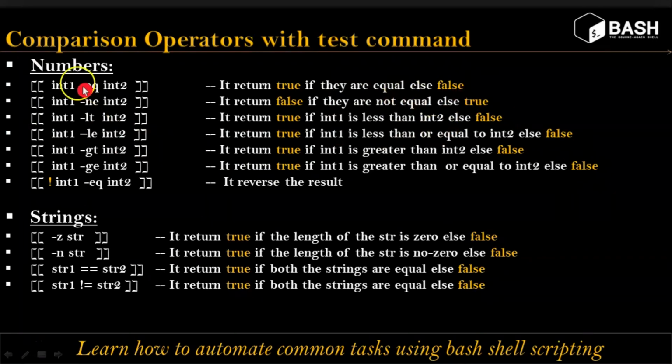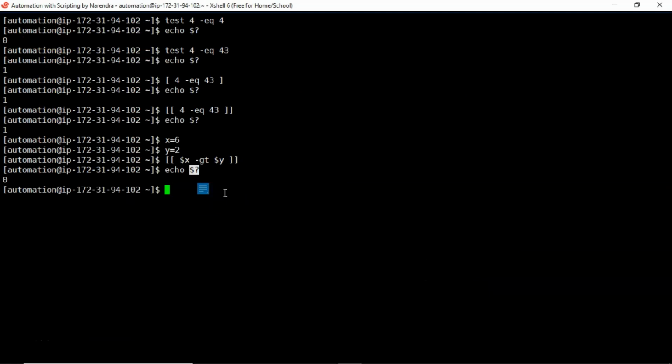That's it. And if you observe here, we have different types of operators. In the last one, I have taken the exclamation symbol. So what will happen whenever you take the exclamation symbol for your condition? It will reverse the result. Suppose if I compare x greater than y, you are getting result status as 0.